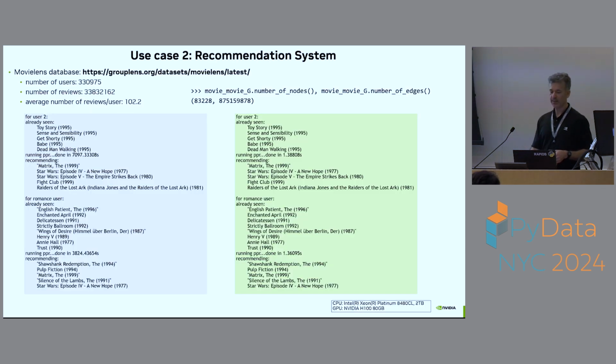In the case of the real data here, I used a data set from this site called MovieLens. And in this case, I've got 330,000 users and almost 34 million reviews with an average of about 100 reviews per user. So it's a lot of data. The projected graph here, the movie graph, the red one in the previous slide, is 875 million edges.